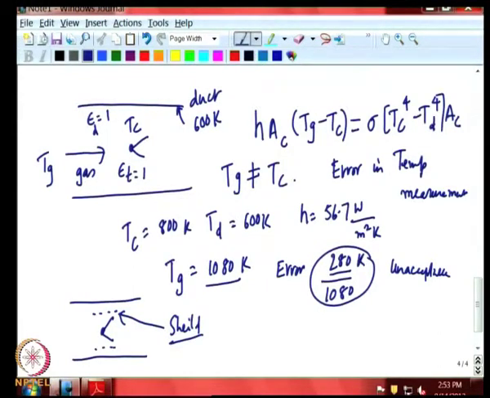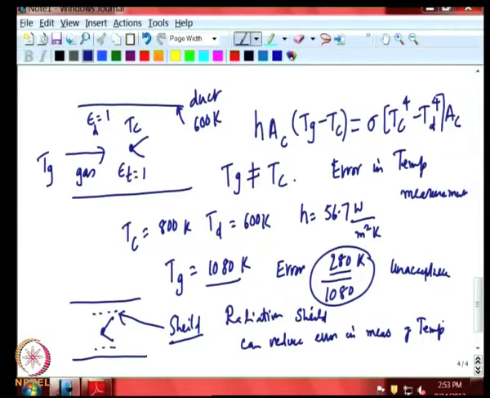We will see in a subsequent example how a radiation shield can reduce the error in measurement of temperature.